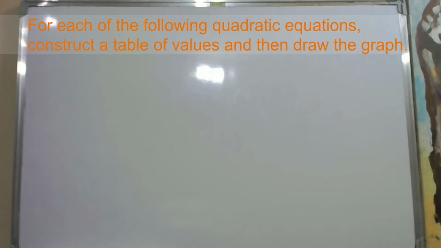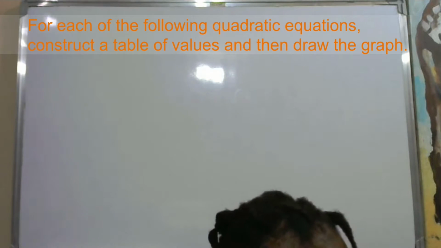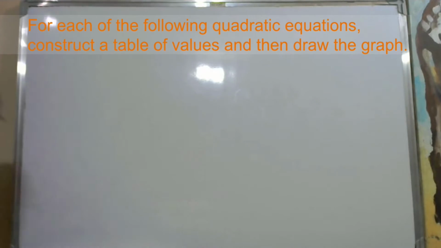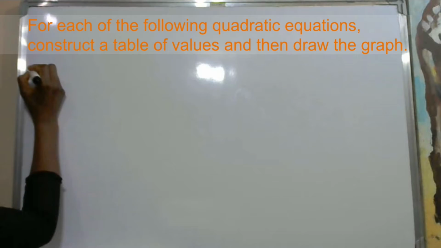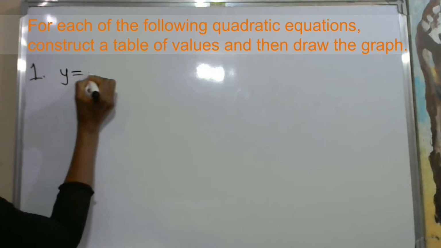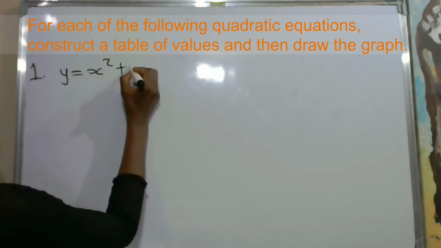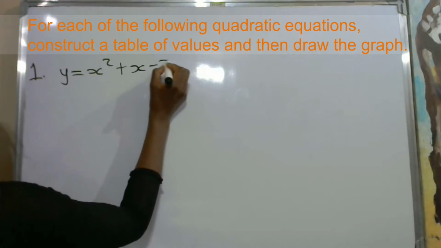Our question reads, for each of the following quadratic equations, construct a table of values and then draw the graph. So we are given our first equation. Our quadratic equation will be y is equal to x squared plus x minus 2.